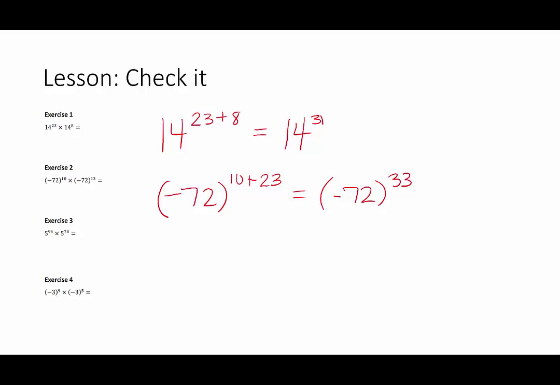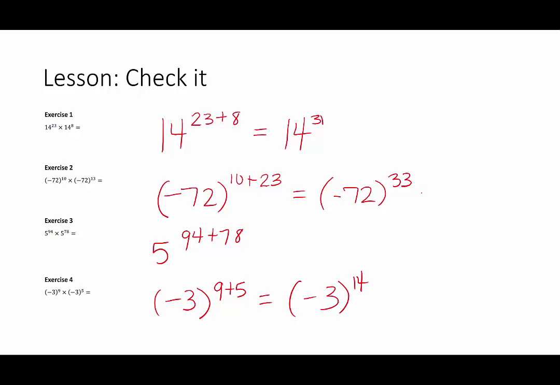Again, do not multiply it out. This one is 5 to the 94th plus 78, and we're just going to leave it just like that. On this one, we have negative 3 inside the parentheses to the 9 plus 5 power, which is equal to negative 3 to the 14th power.